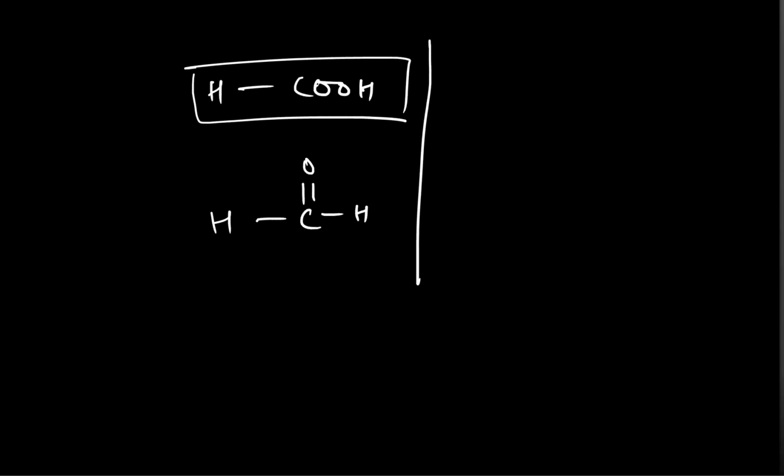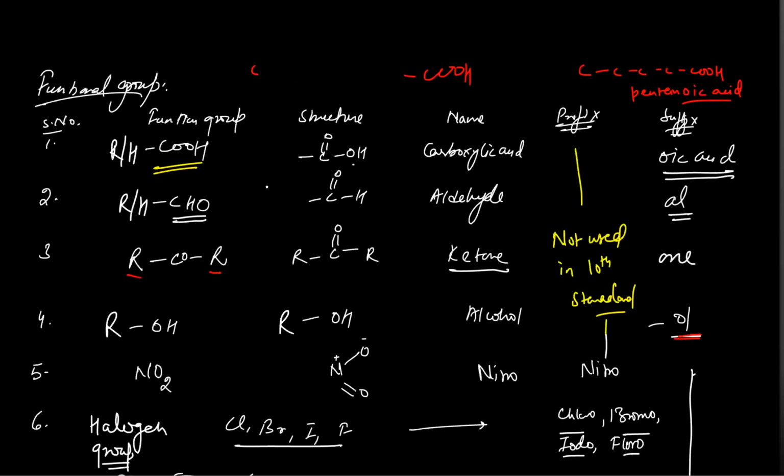Okay, and we have also discussed in the previous class that there are some suffixes and prefixes for the functional groups. Some functional groups have a suffix, and some have a prefix. For example, the suffix of the carboxylic acid group is oic acid. The suffix of aldehyde is al.